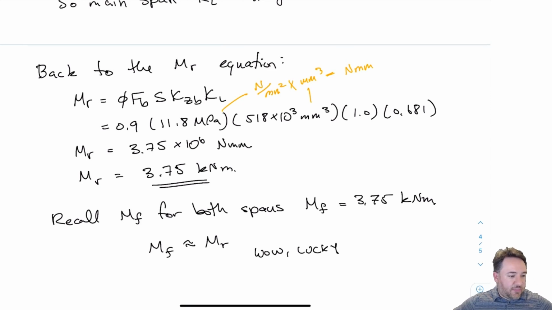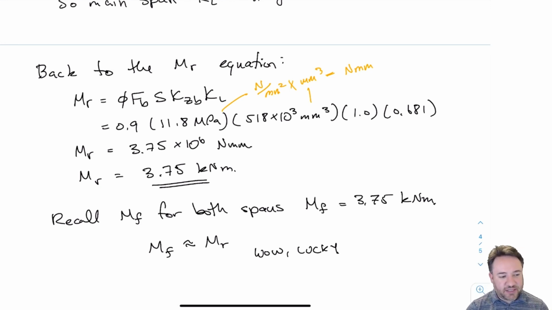Realistically, I'm certainly going to have some gap between MR and MF, and MR will be somewhat bigger than MF. You know, could be 5% bigger, could be 20% bigger, something like that, because my beams only come in certain sizes, and the sizes only step up. So I'm never going to really get an exact match like this.